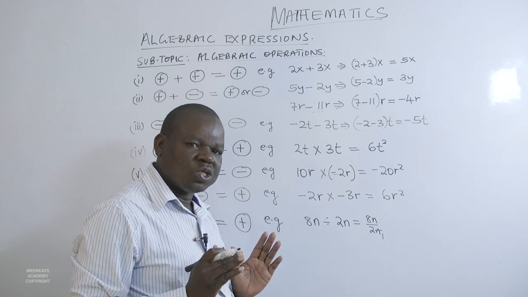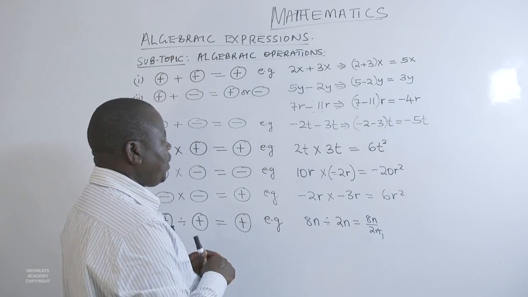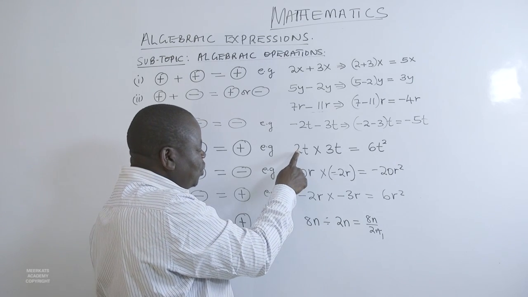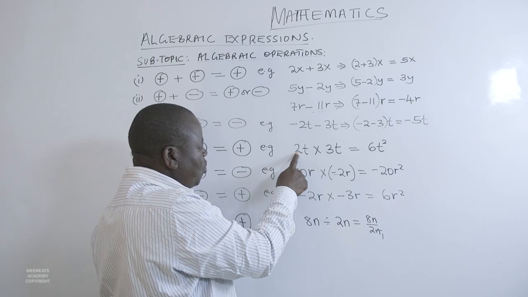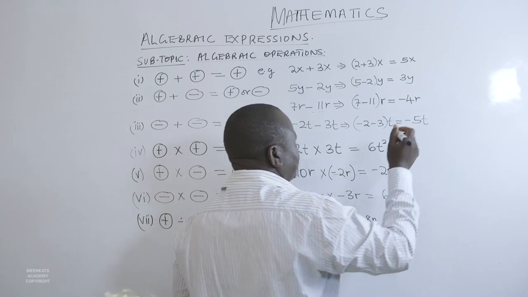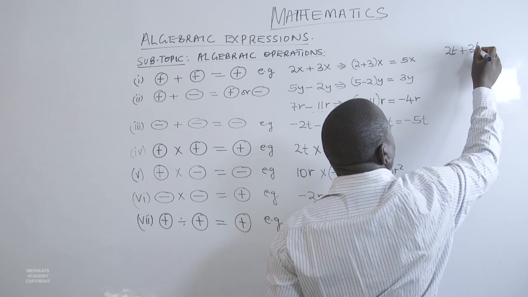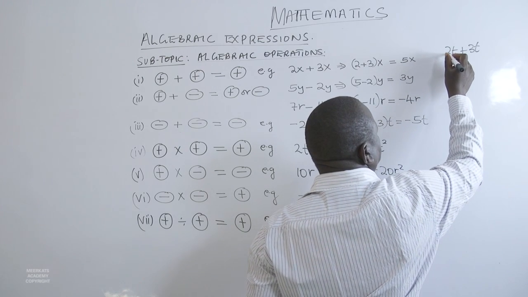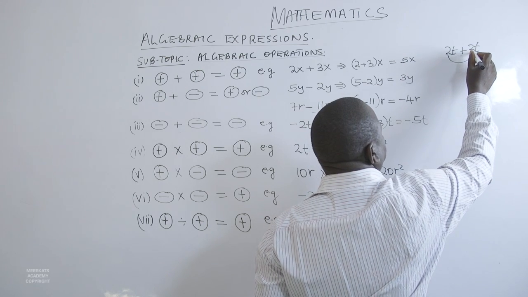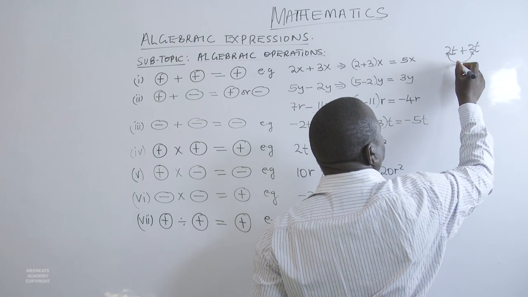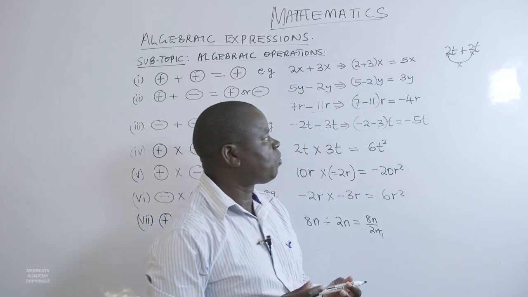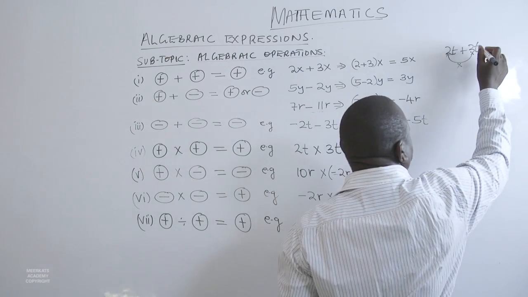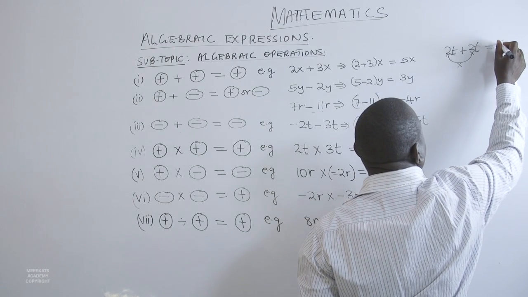So when it comes to multiplication, we multiply each component. We multiply 2 by 3, and we obtain 6.